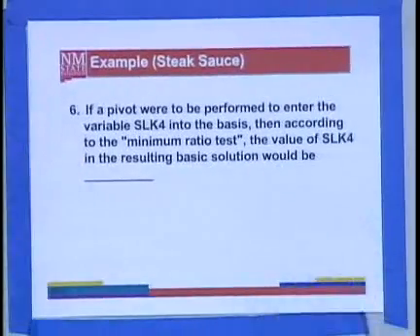Okay, what about number 6? If a pivot were to be performed to enter the variable slack 4 into the basis, then according to the minimum ratio test, what will be the value of slack 4 in the resulting basic solution?